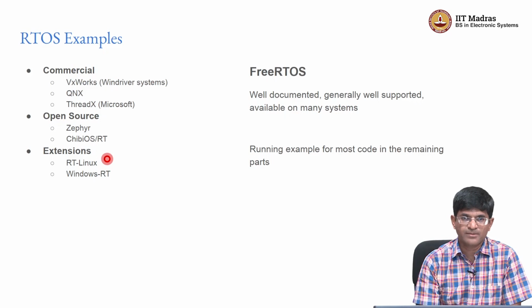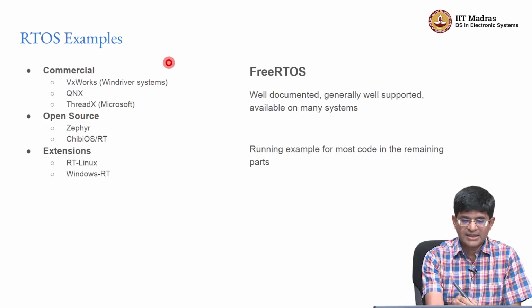Linux is open source. RT Linux is a set of extensions that provide certain kinds of real-time guarantees, basically the determinism and the time critical behavior capabilities for Linux based systems. Similarly, there is a Windows RT which can be used for taking Windows based systems and providing certain kinds of real-time guarantees on it.